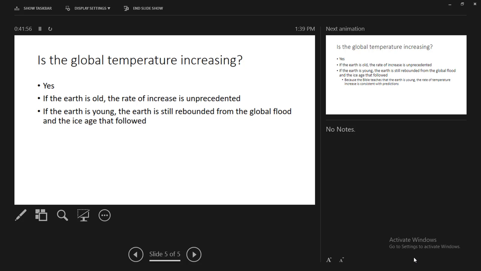And if the Earth is young, the Earth is still rebounding from a global flood and from the ice age that followed shortly afterwards. Okay?